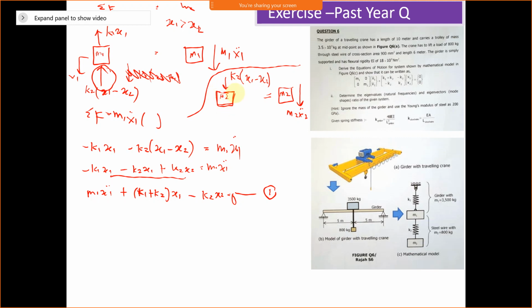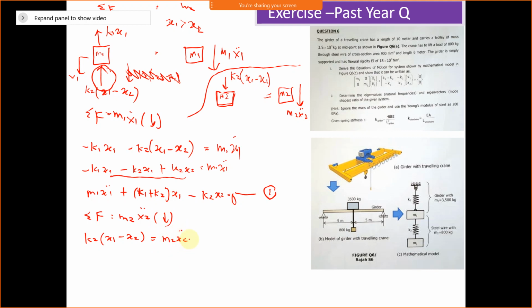For M2, then macam mana kita nak develop our equation? Sama juga, kita assume summation of F equals to M2 X double dot 2, direction is downward. So what we have, kita ada K2 X1 minus X2 equals to M2 X double dot 2.